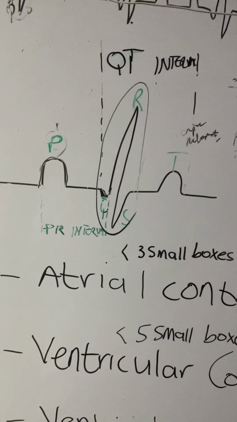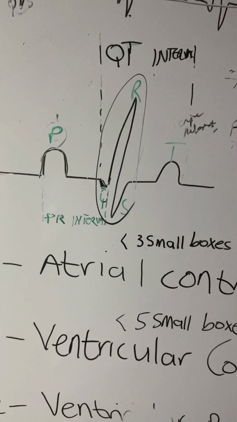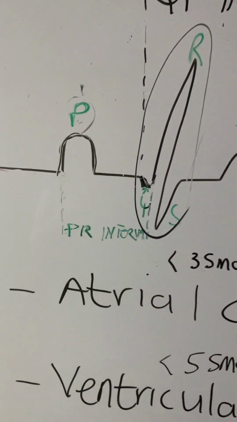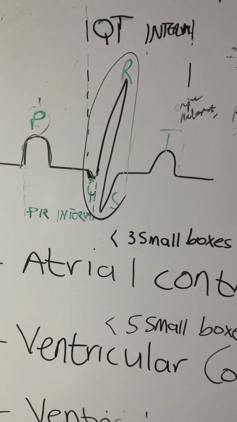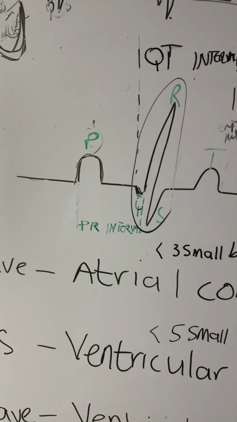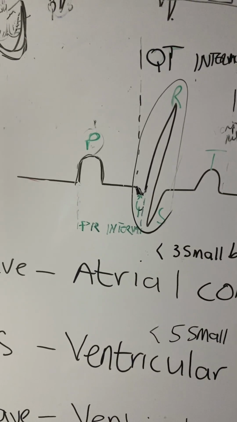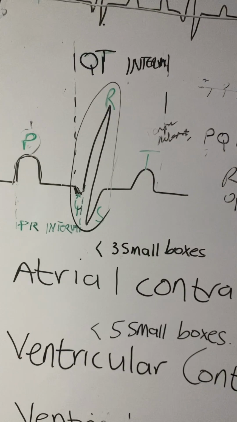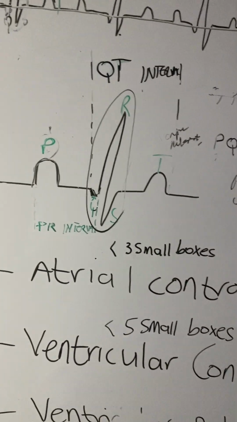Long QT intervals are not good. The same way, long PR intervals are also not good. That can be pointing you to a heart block of a kind, either first degree, second degree, or third degree. Don't worry, we'll talk about all those things.